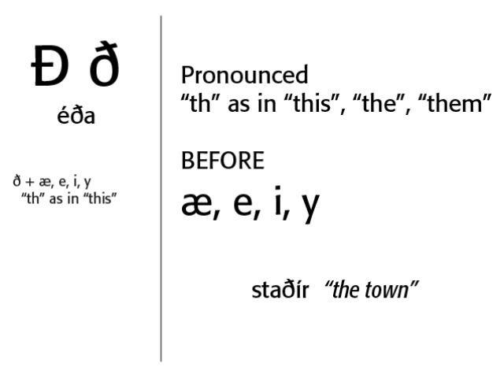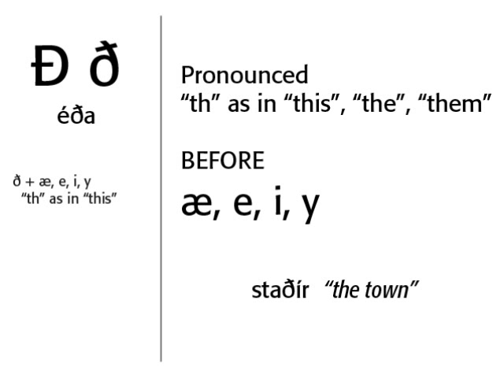Ida is pronounced the, as in this, if it appears before an unrounded front vowel or y. That means that if it appears before the vowels ash, e, I and y, it's pronounced th. It's never pronounced unvoiced, like in thin. It's always voiced, as in this, the and them.